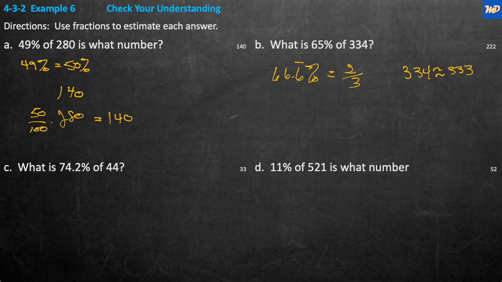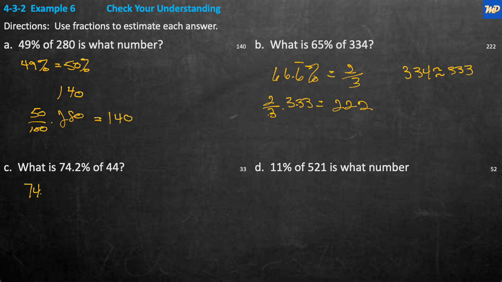When we do that, we want to say that 2/3 of 333 is equal to what? That's equal to 222, right? Because you divide 3 into 333, and 3 goes in 111 times, and 2 times 111 is 222. Let's do this one here.